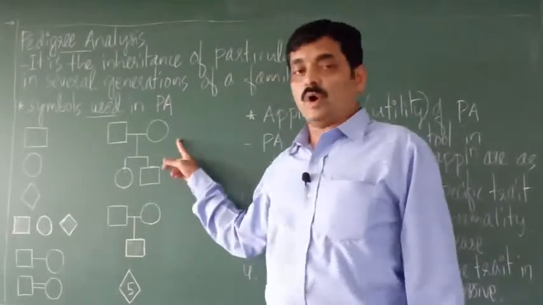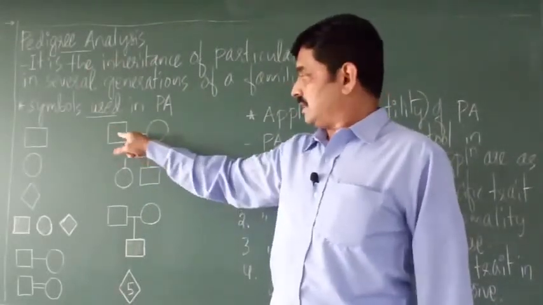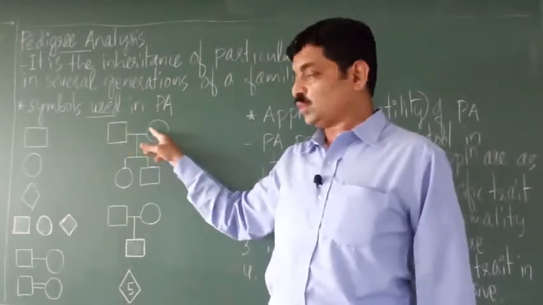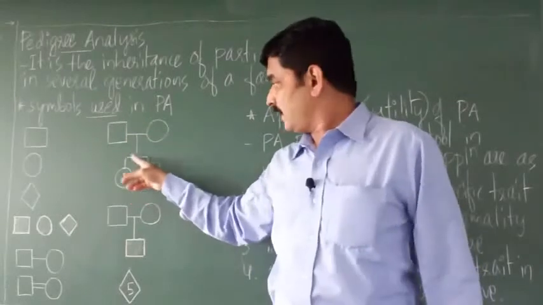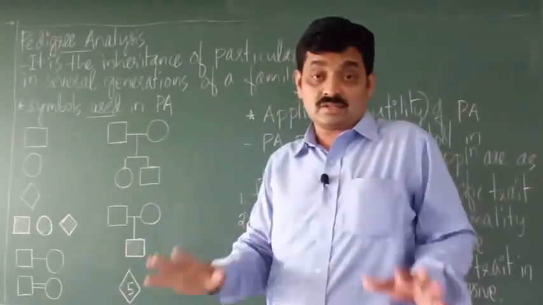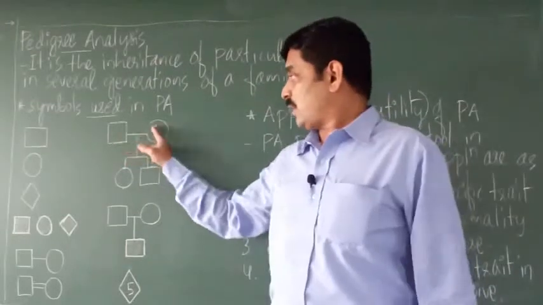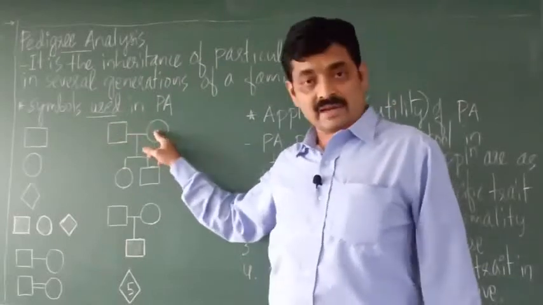Then the next symbol. This is the male, this is the female, with a horizontal line linking these two sexes. The vertical line arising from this horizontal line indicates children. These two can be called the parents, the male parent and the female parent.